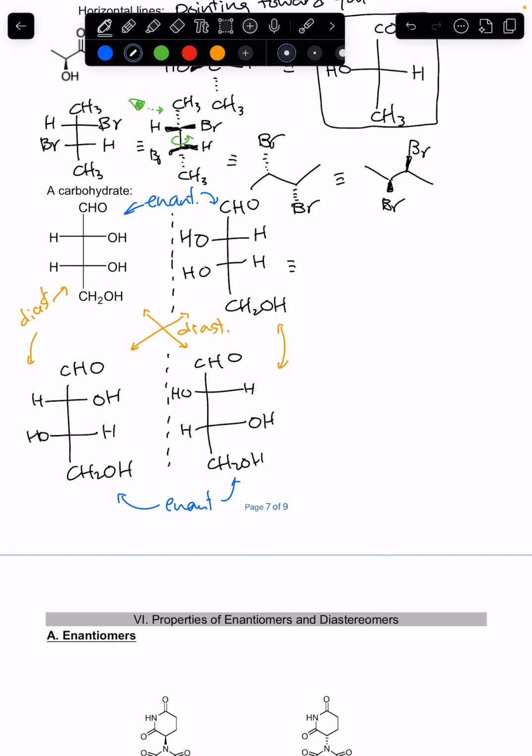So this, for instance, would look like, so there's a total of 1, 2, 3, 4 carbons in the chain. In the end, we have an OH group.